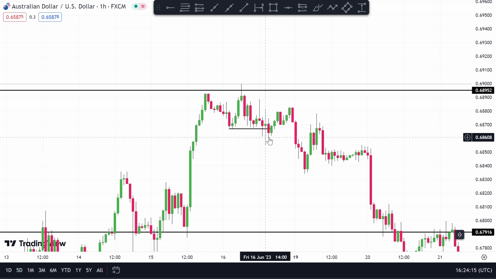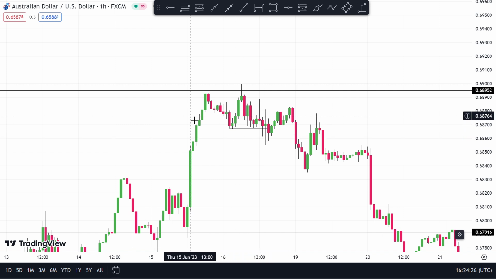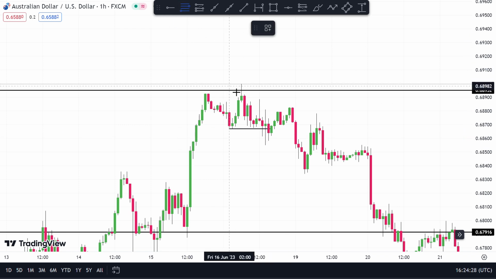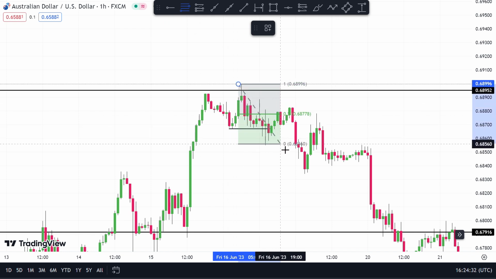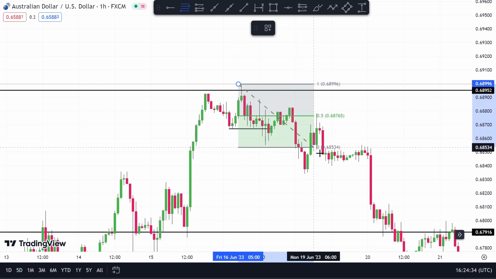But as you can see, there's a candlestick closing below it, which is making this a change in market structure. So take out our premium and discounts from the high down to the low that price traded into.